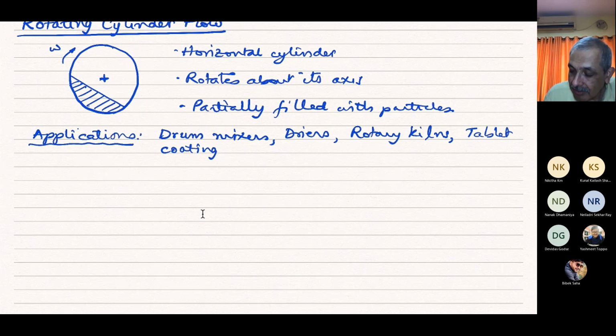But the way it's done is that you take those tablets, put them in there, and then a spray is put on the surface of the tablets, and because it's rotating, slowly they get mixed. So there are many applications of rotating cylinders, and many people have studied these a lot.